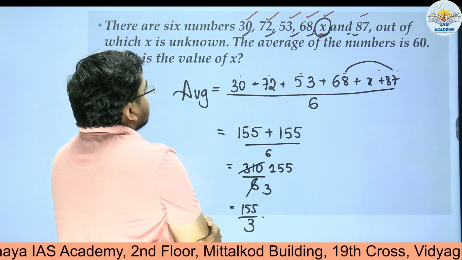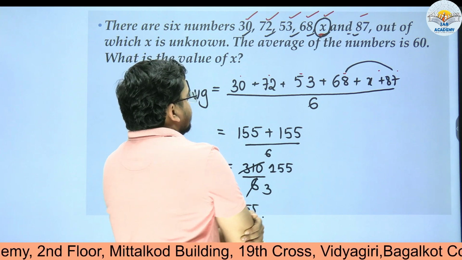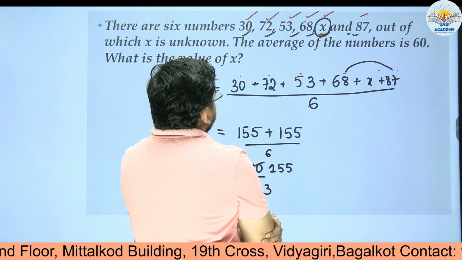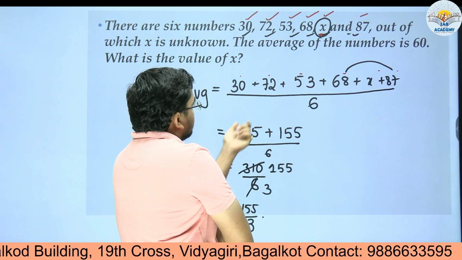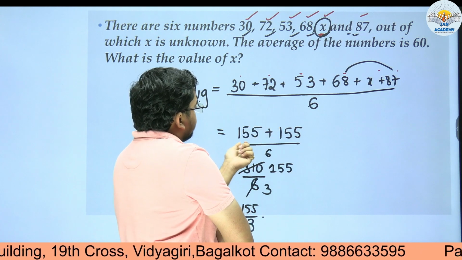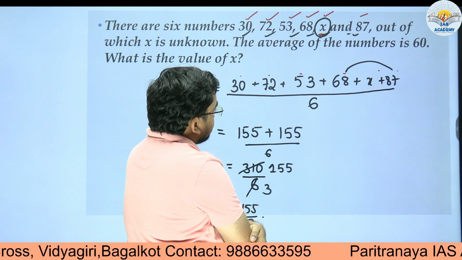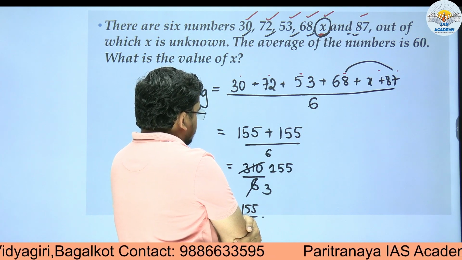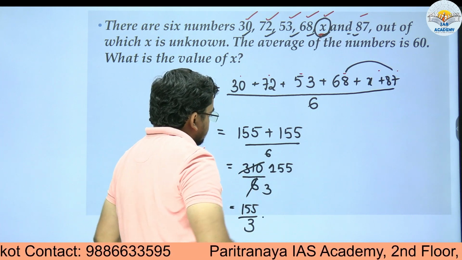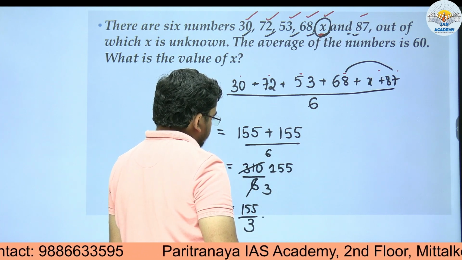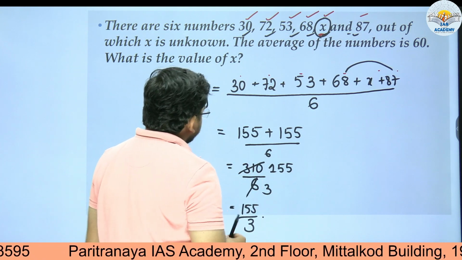The average of the numbers, what is the value of x? Did we miss any value here? Number of observations 6. So the value of x is, sorry.